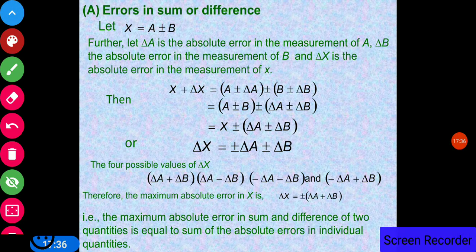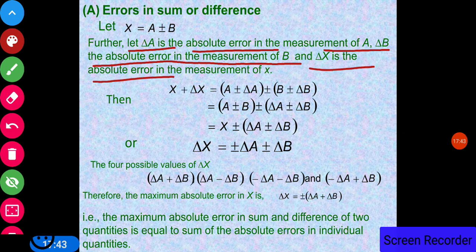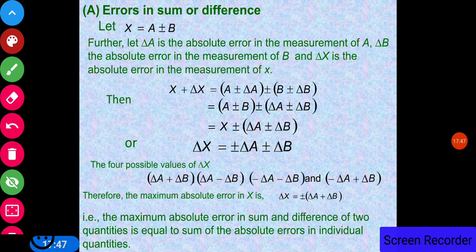So now let del a be the absolute error in the measurement of a, del b the absolute error in the measurement of b, and del x the absolute error in the measurement of x. Then x plus minus del x is equal to a plus minus del a plus minus b plus minus del b.